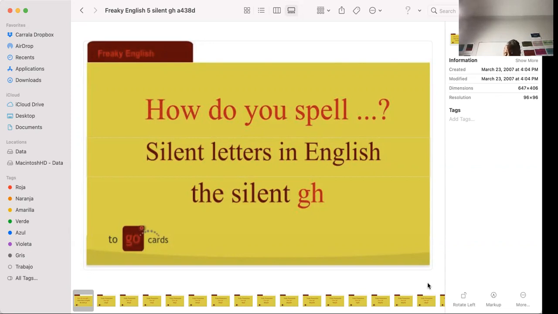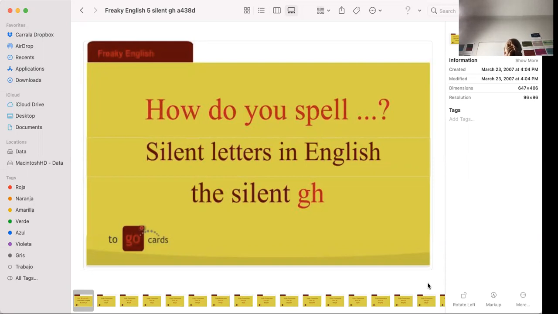The GH takes on the sound of the F, right? So it's not that a letter is silent. That's not the problem. The problem is that sometimes it is and sometimes it isn't. That's the problem. So I made a whole series of cards dealing with silent letters.